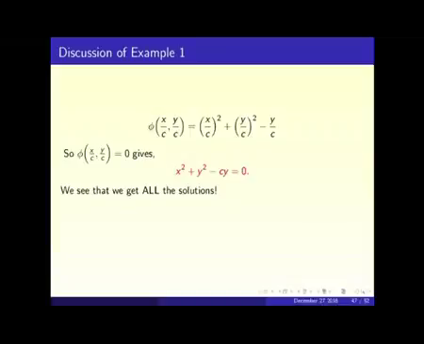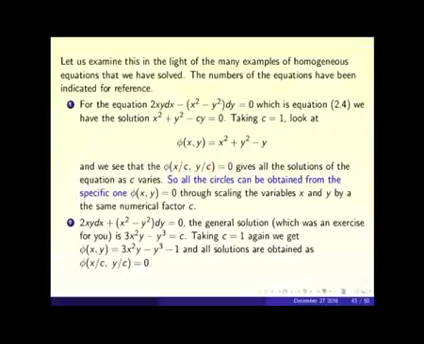You see, we got all the solutions. We took a specific solution, phi of xy equal to x squared plus y squared minus y equal to 0. This special solution we took, replaced x by x upon c and y by y upon c, and we got all the solutions. So, you see, we have given an illustration of the principle of symmetry.